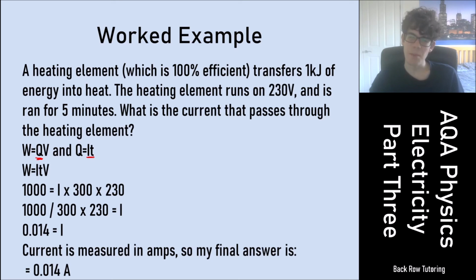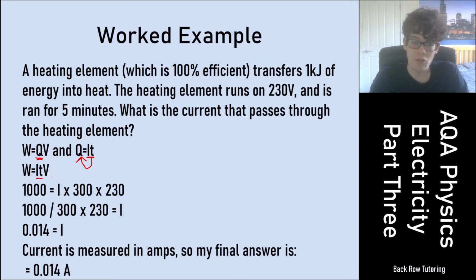Equals means the same. So Q is the same as IT. So we can substitute IT for Q. If we take this Q out and replace it with IT, we get that W is equal to ITV. So this is our new formula that we've created from these other two formulas.